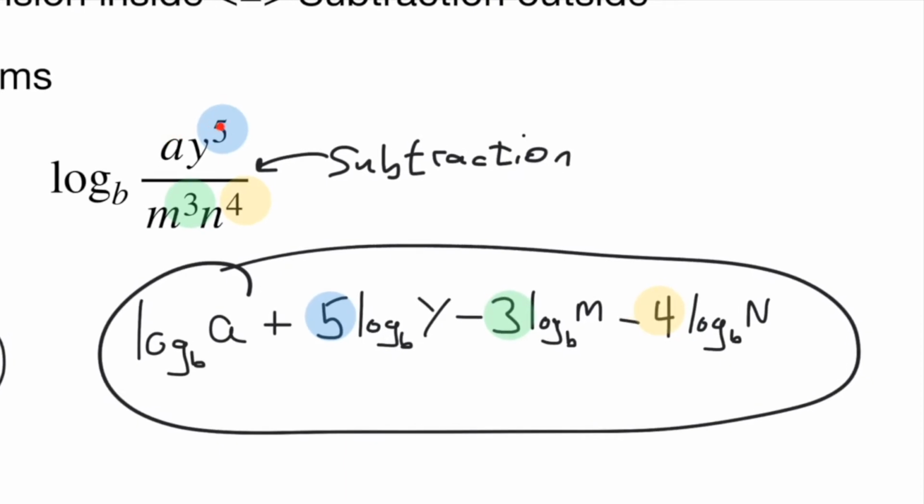I see 1, 2, 3, 4 different factors on the inside. They're going to become 4 different terms on the outside. And each of these is going to be log base b, same base. We have an exponent 5, bring it out front. An exponent 3, bring it out front. An exponent 4, bring it out front.